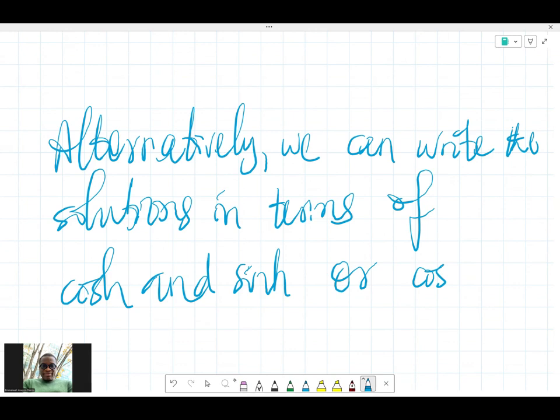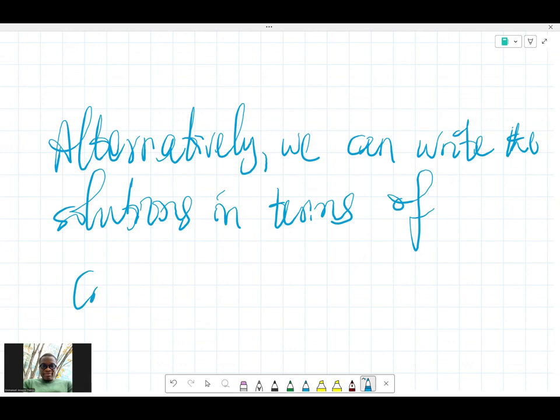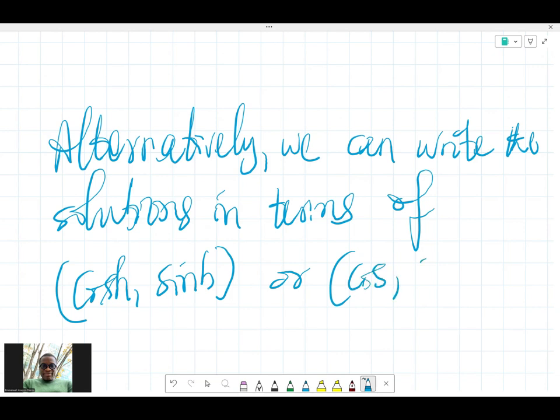I want to group them together, right? We can write them in terms of cos and sine together, or in terms of cos and sine. So it all depends on the approach we want to choose, right?